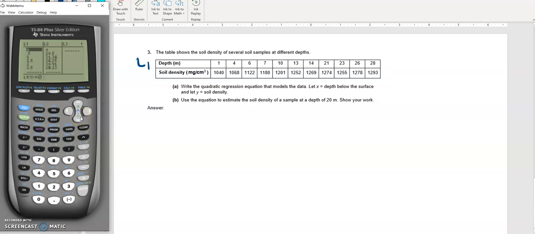So what I will do is just type them all in. Okay, and then I'm going to go back over to my L2 and type in the values that are for soil density. So I have 1040.